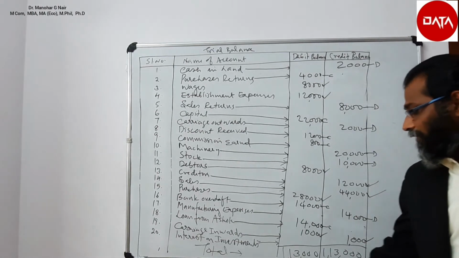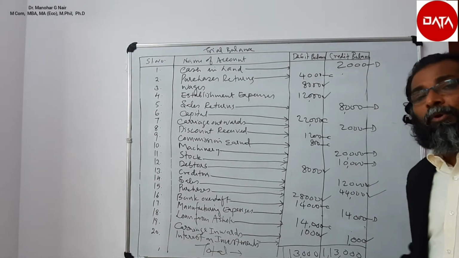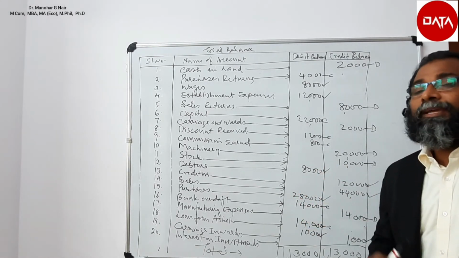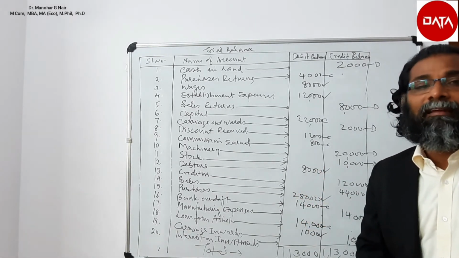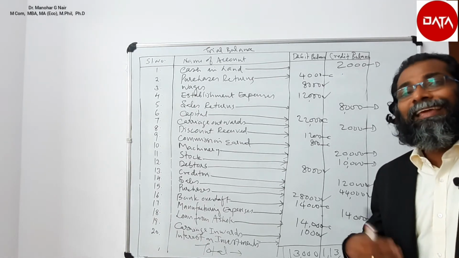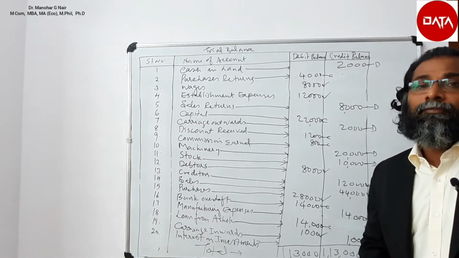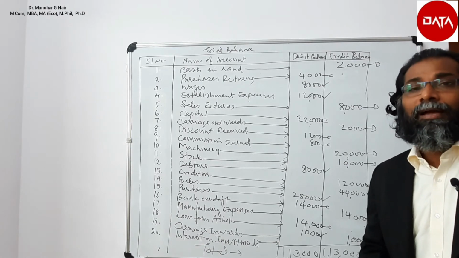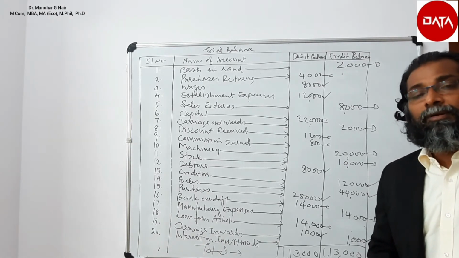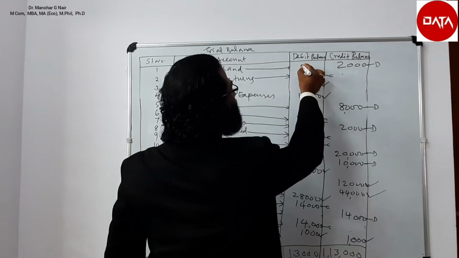Even though it is showing 1,13,000 total in both the columns, this is wrong, so it doesn't show any arithmetical accuracy of the books of account. So let us rewrite this trial balance, find out the correct values, and check the arithmetical accuracy, whether the books of account are prepared correctly or not.